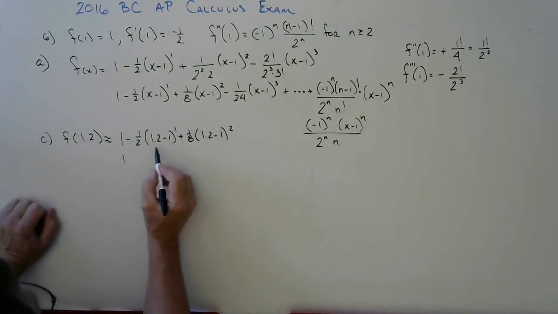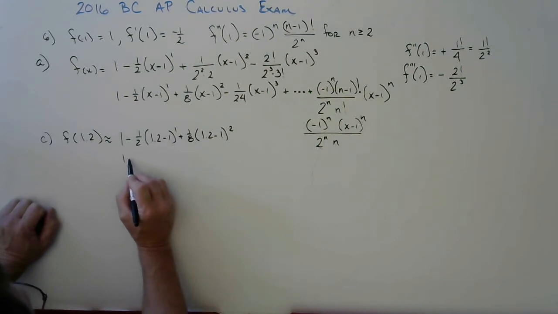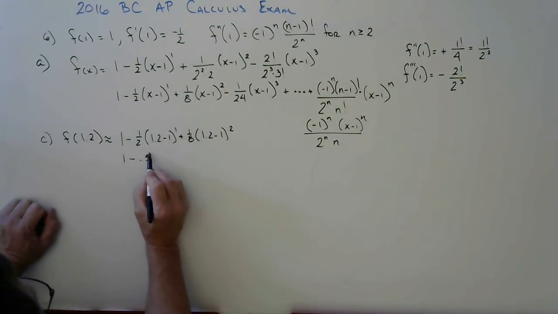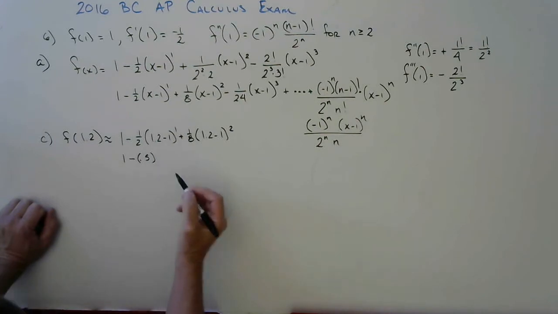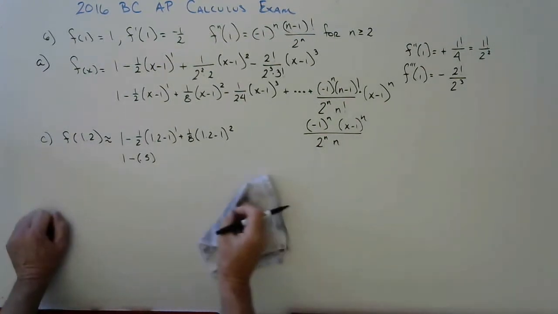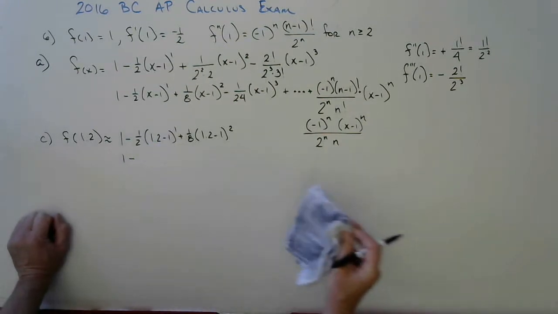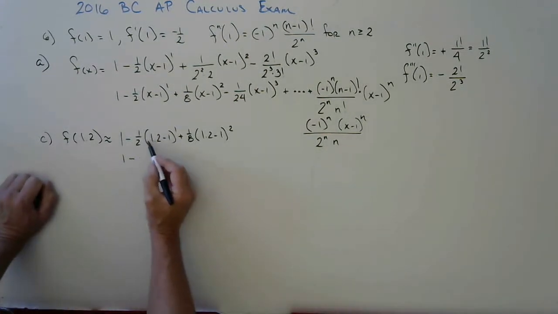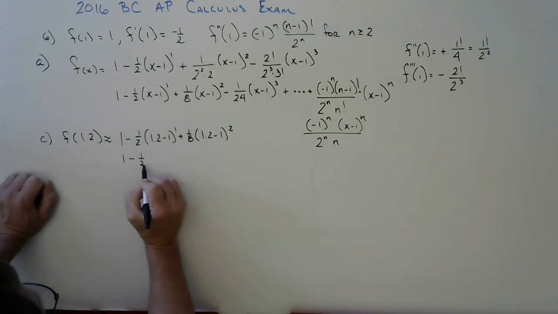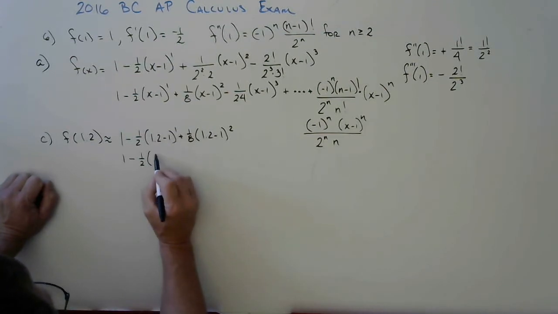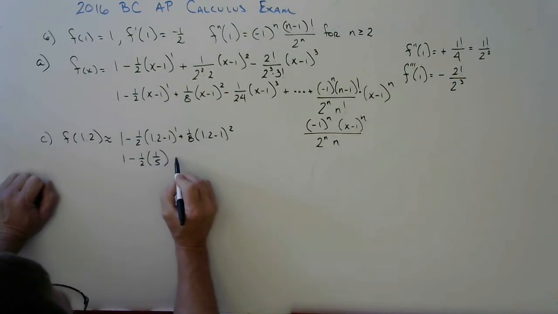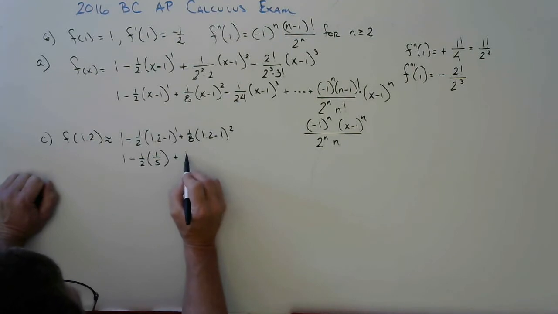We get 1 minus... let's just do it as fractions. I was going to change it into decimals, but then I saw the 1/8, and it's going to be easier to say fractions. So we have 1/2, and then we have 0.2. 0.2 is 1/5. And then we have plus 1/8.